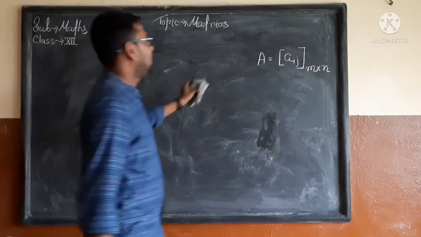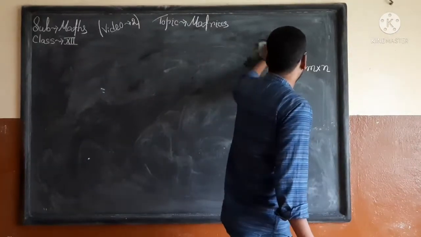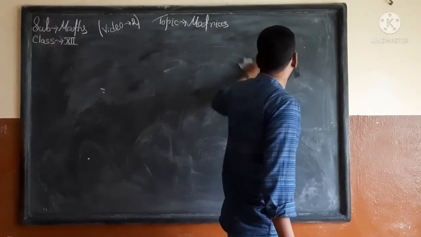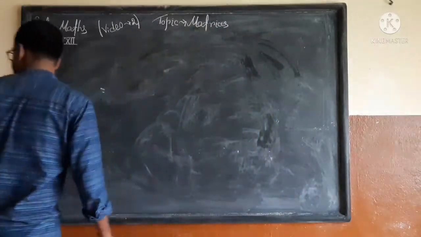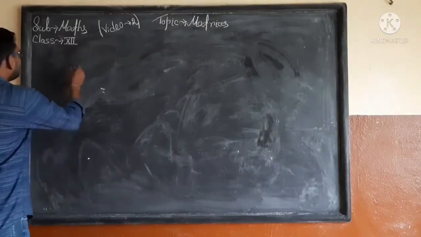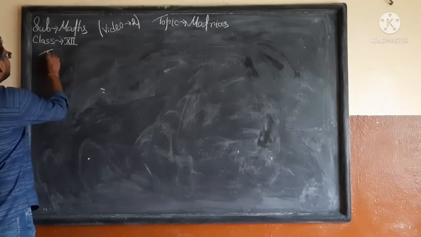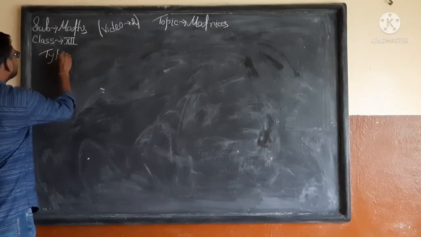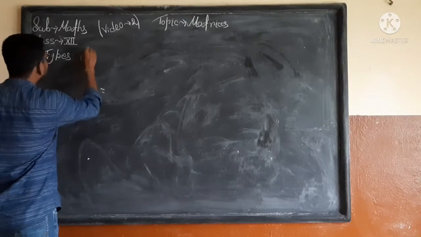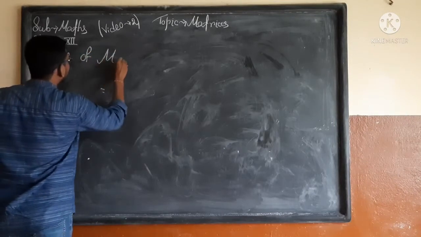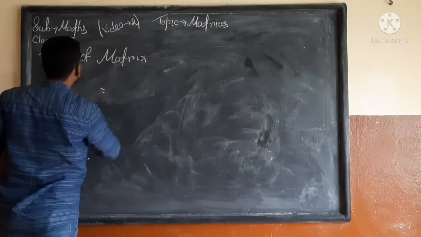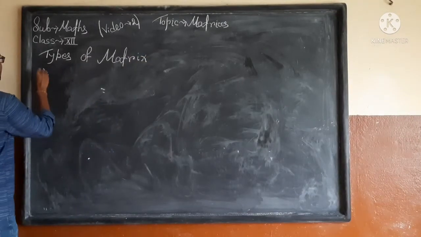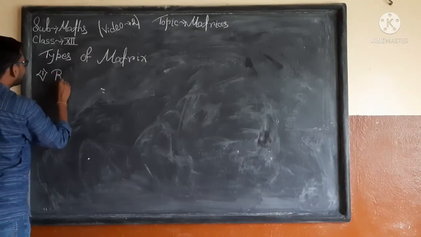Next, types of a matrix. The first type is the row matrix.